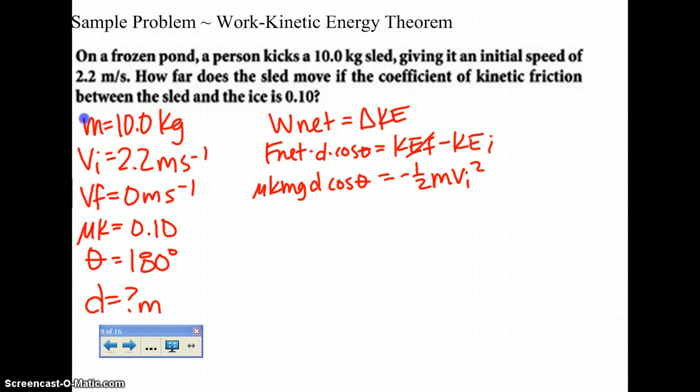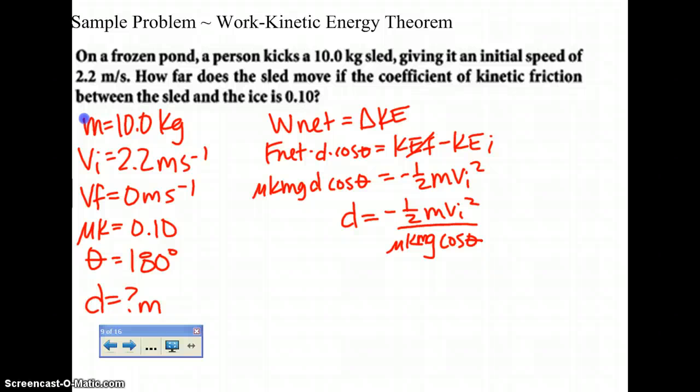Make sense? So now we want to rearrange this whole thing by dividing by mu k m g cosine theta, so we can get d all by itself. So d equals negative 1/2 m vi squared all over mu k m g cosine theta.